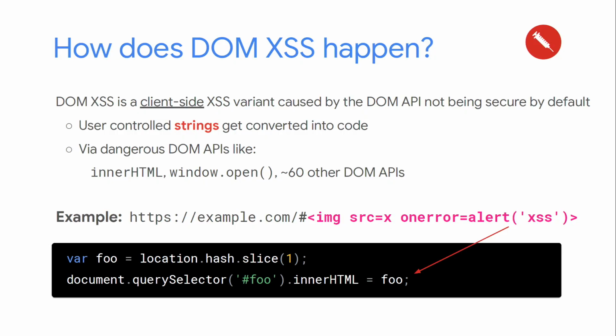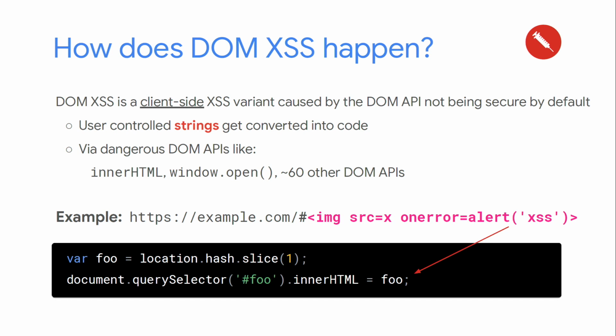First, a super quick recap of what DOM-based XSS is. DOM XSS is a variant of XSS where user-controlled strings somehow end up being treated as code. I think that's a common pattern in security. In the case of DOM-based XSS, this happens because DOM APIs are sometimes very dangerous.